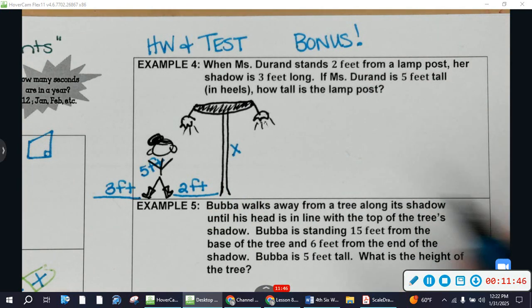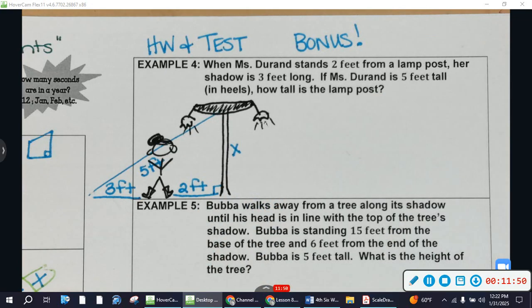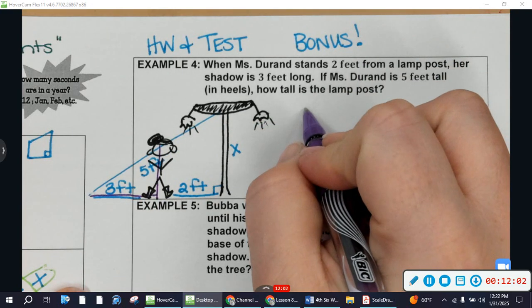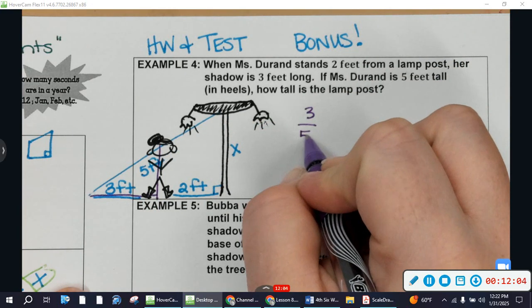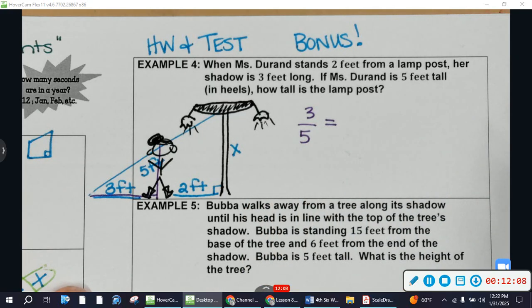Notice it creates a right triangle within our picture. So we can say base is to height as base is to height. Our smaller triangle, base 3, is to height 5, as the larger triangle.